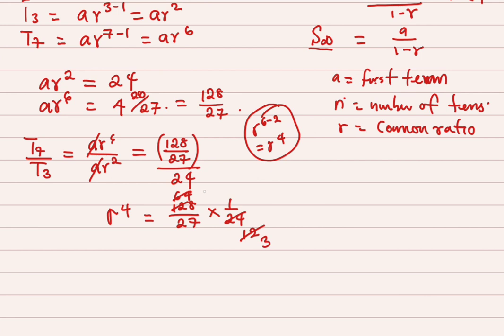Then 4 goes into 12 three times, and into 64 sixteen times. So r⁴ is 16 over 81. So r is the fourth root of 16 over 81. The fourth root of 16 is 2, and that of 81 is 3. So I have my common ratio.